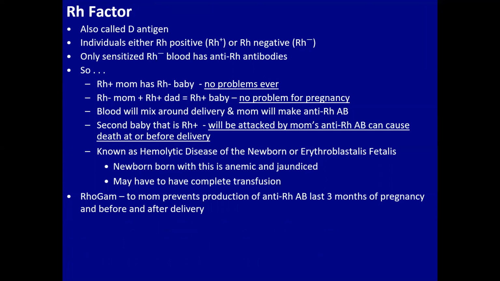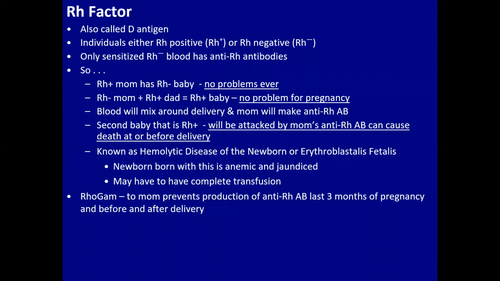So I mentioned this Rh factor that is also called the D antigen. You may be much more familiar with it being called the Rh factor. So every individual is either A, B, AB, or O, plus or negative, right?